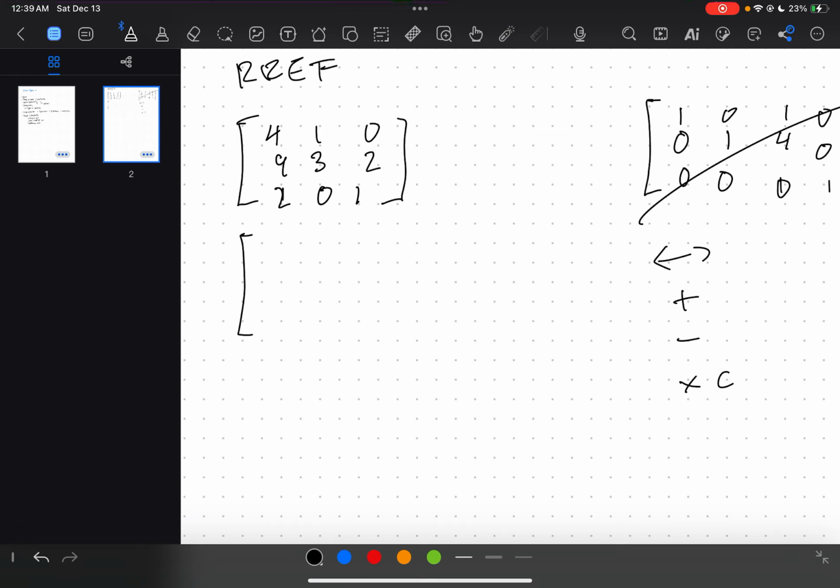At the start they'll make you annotate your steps. So R3 becomes swap R1, 2, 1, 0, 2, 0. That's kind of messy.